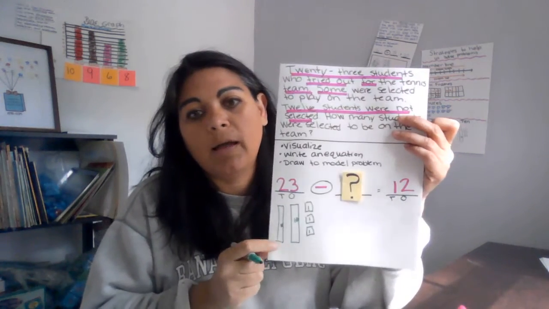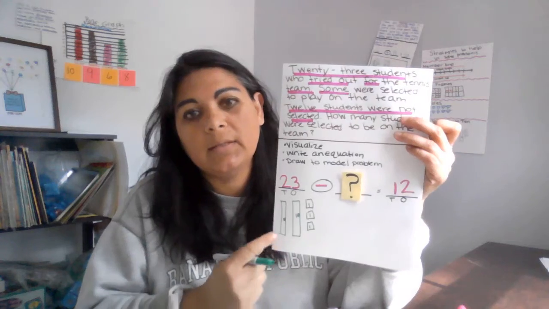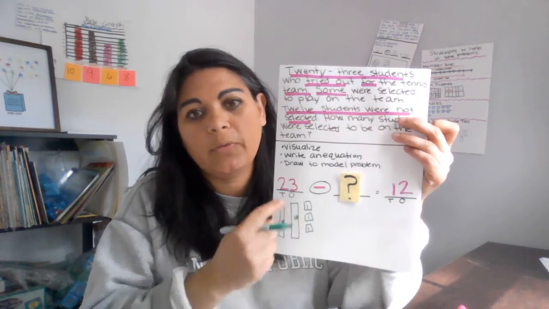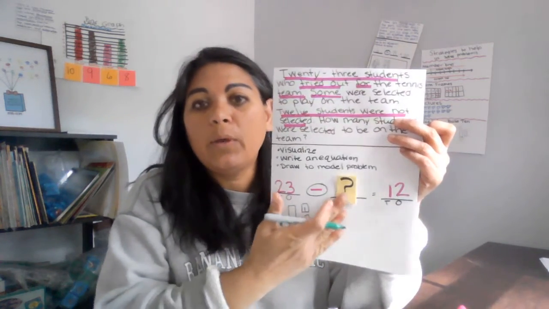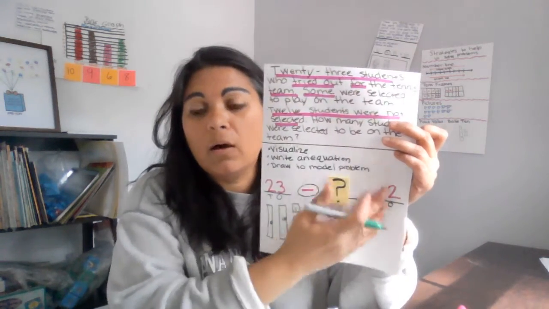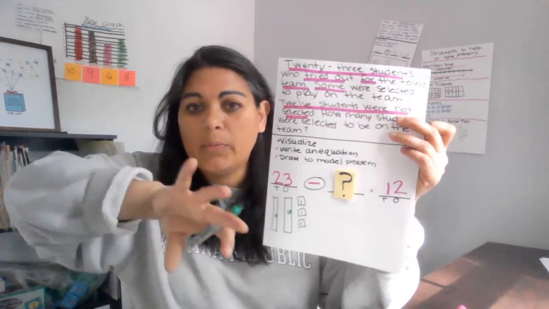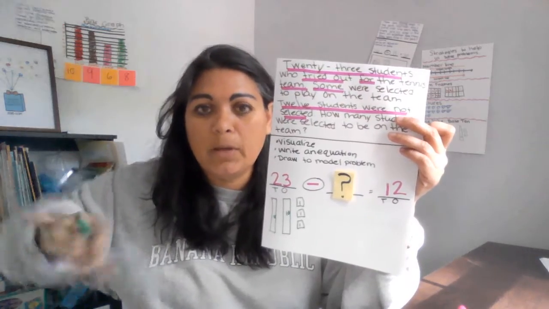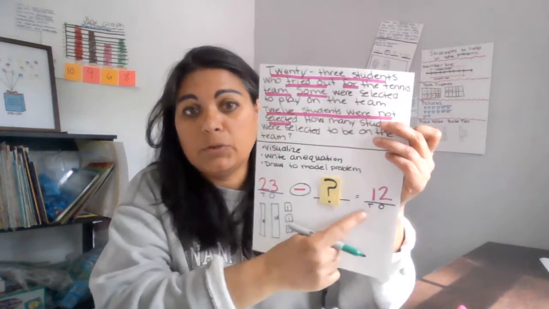2 10s, 3 1s. Okay, let's double check our work. I have 2 10s and 3 1s: 10, 20, 21, 22, 23. Now we don't know what this group is, but we do know that 12 students were not selected, that's already one group. So let's group what we do know.